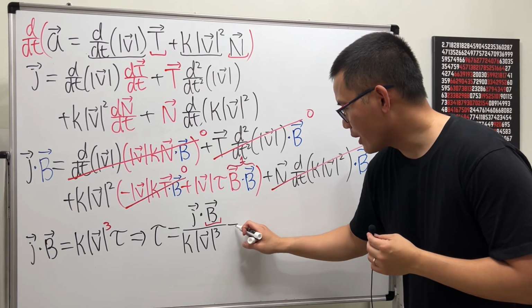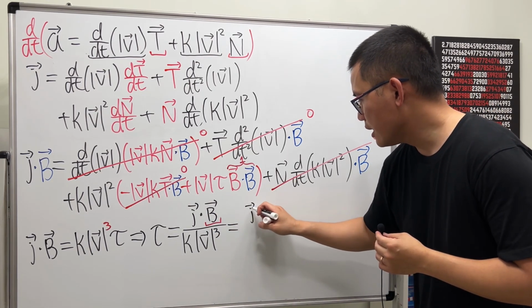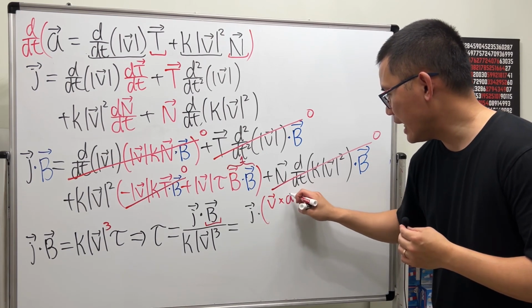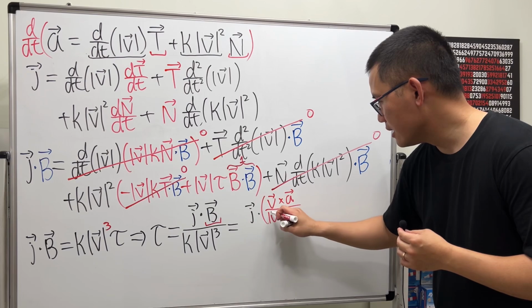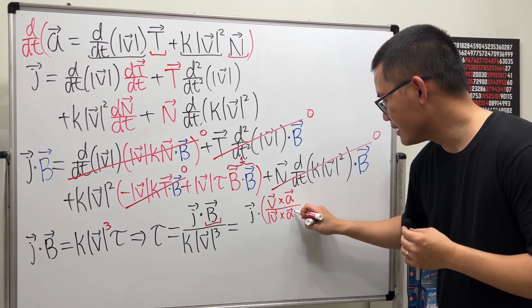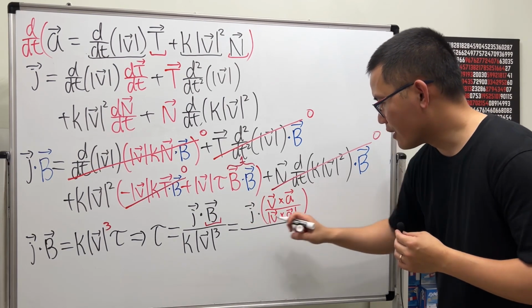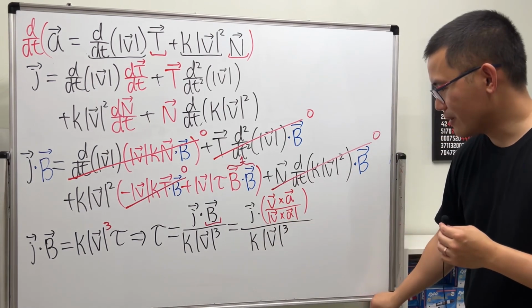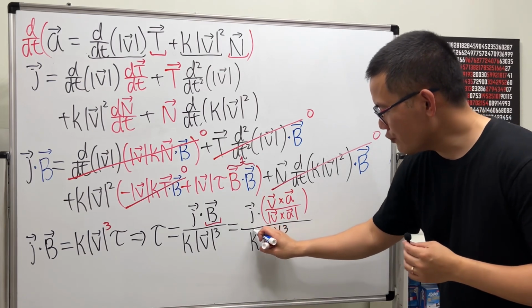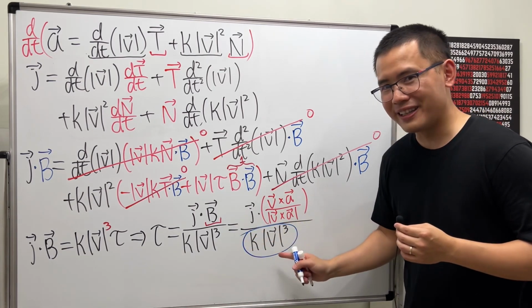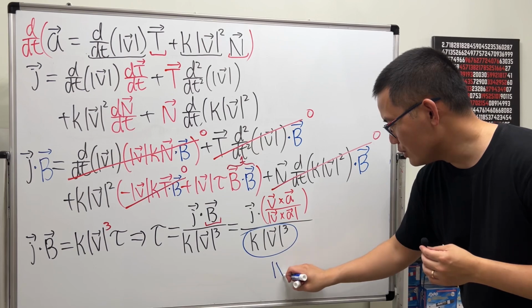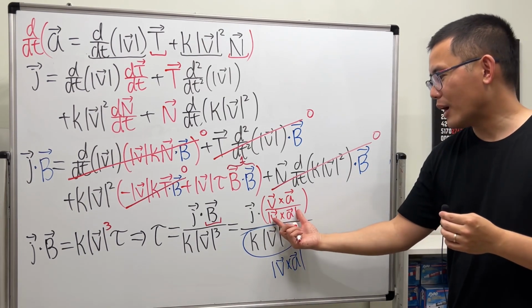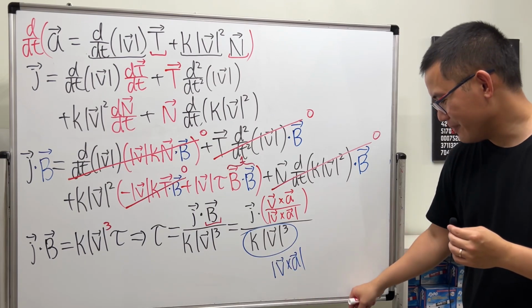So this right here equals j dot, here we write it as v cross a divided by its magnitude. And then over here we have kappa times the speed to the third power. And in fact, from the previous board, I showed you that this right here is the same as the magnitude of v cross a.